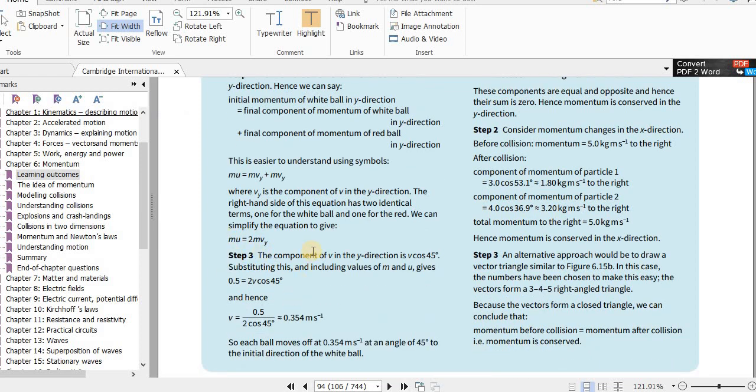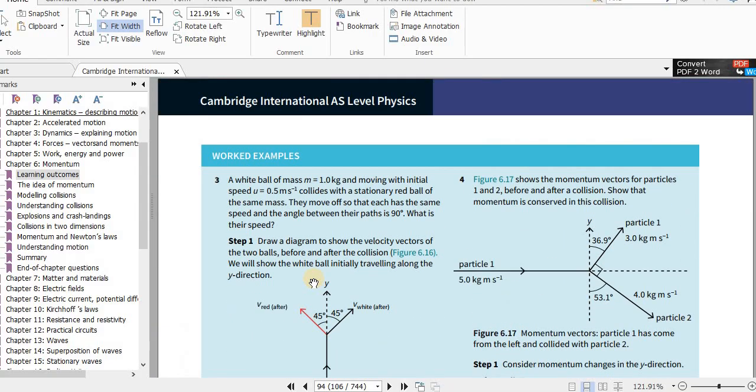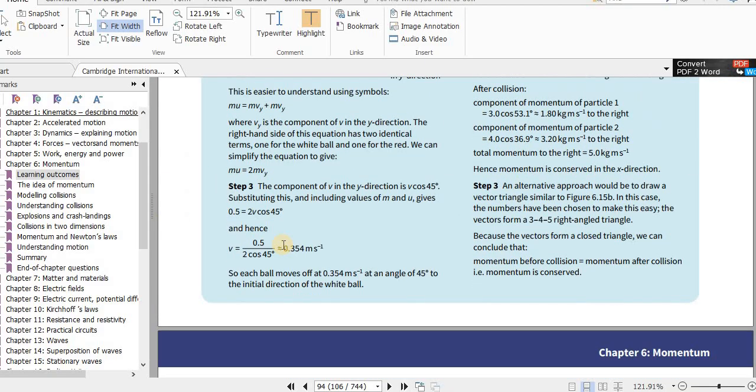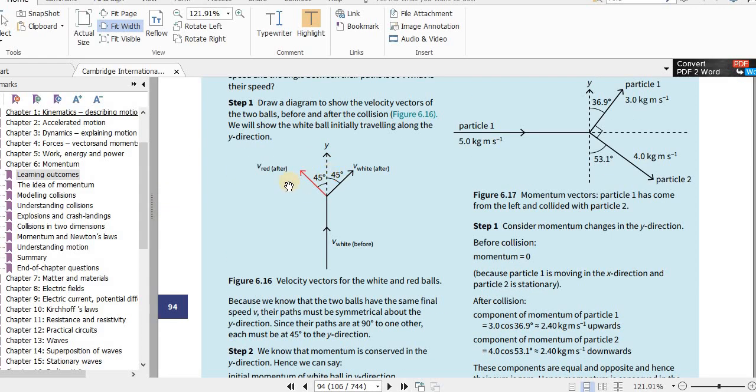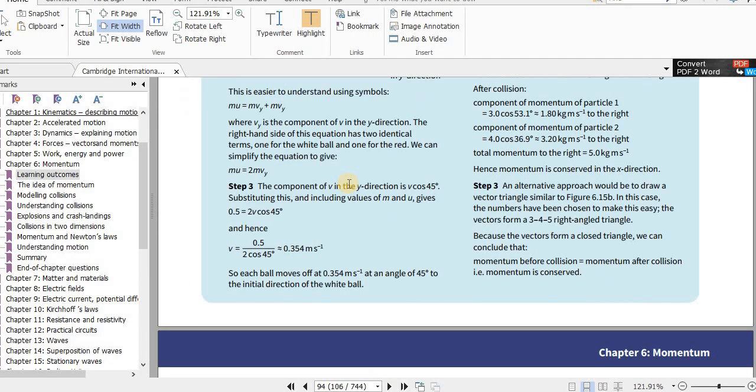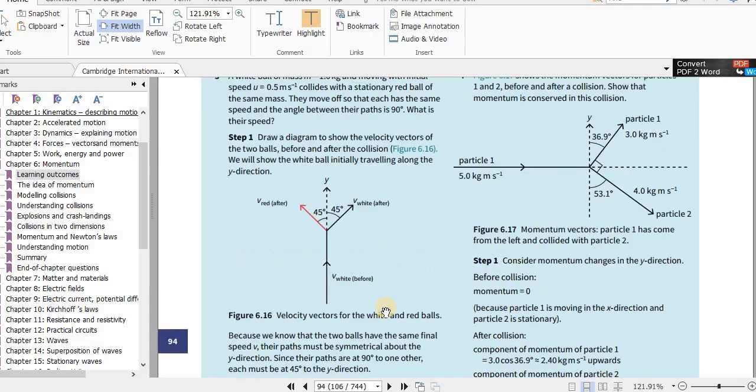The m goes off, and u was already given, right? Yes. So mvy, but vy is what? v cosine 45. So we get that. Each ball moves off at 0.354 meters per second at an angle of 45 degrees to the initial direction of the white ball. You can write a final statement like that.